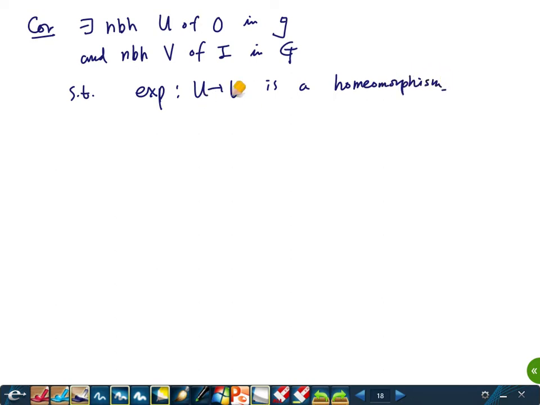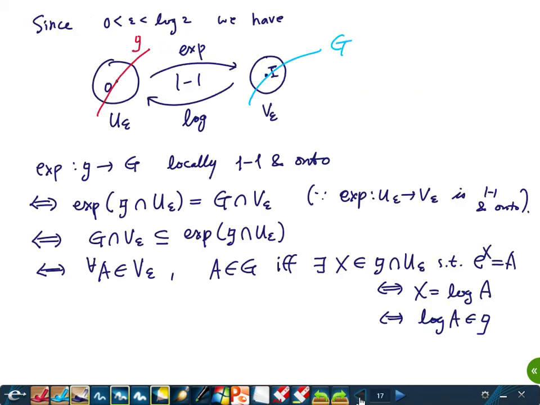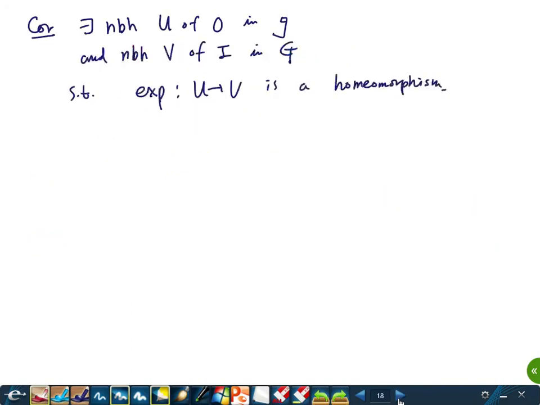So they are homeomorphic. This is simple. All we need to do is to take this to be U, this to be V, and we will get that. So that one is okay.